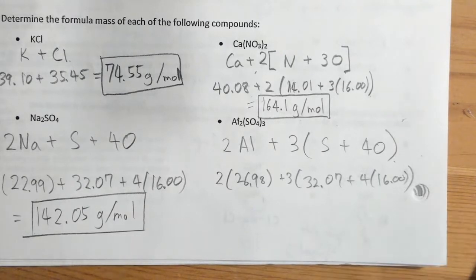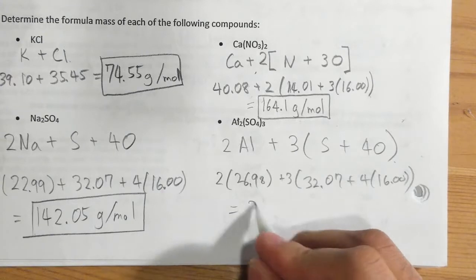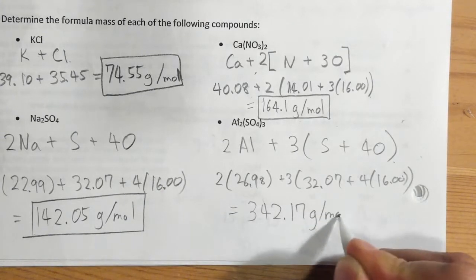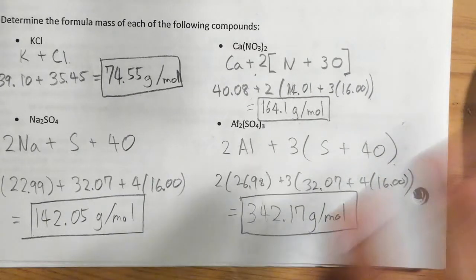Okay, so I'm going to speed this again. So 26.98, 32.07 plus 4 times 16. Alright, that gives you 342.17 grams per mole. Alright guys, so this is basically what you guys are doing.